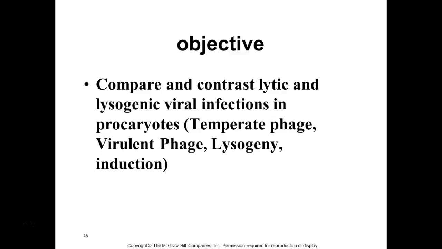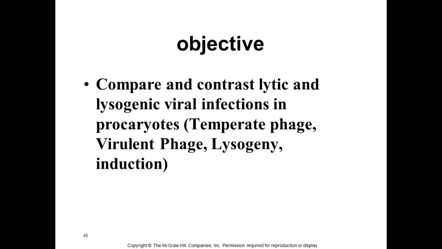So the other interesting thing, and remember, we're concentrating a little bit on viruses that infect bacteria because this is a microbiology class. But similar things happen in us too with certain viral infections. So there are two different, what are sometimes referred to as life cycles or reproductive tracts that some viruses can take.